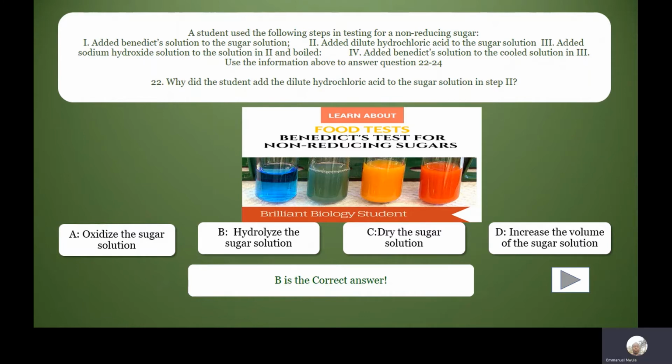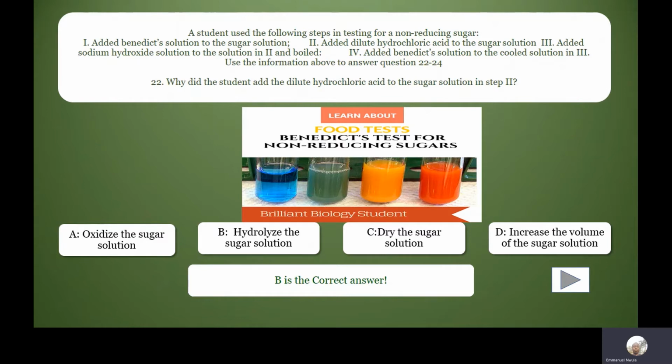And the third step, he added sodium hydroxide solution to the sugar and boiled. And the last step, he added Benedict solution. So the question is, why did the student add the dilute hydrochloric acid to the sugar solution in step 2? The correct answer is B, to hydrolyze the sugar solution.